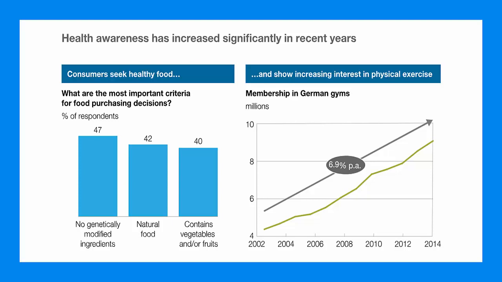You can see 47% say no genetically modified ingredients, 42% say natural food, and 40% say it contains vegetables and or fruits. Now, there's a certain amount of irony in these figures, perhaps, especially given the fact that genetically modified foods have actually been shown not to be more risky from a health perspective compared to non-genetically modified foods.